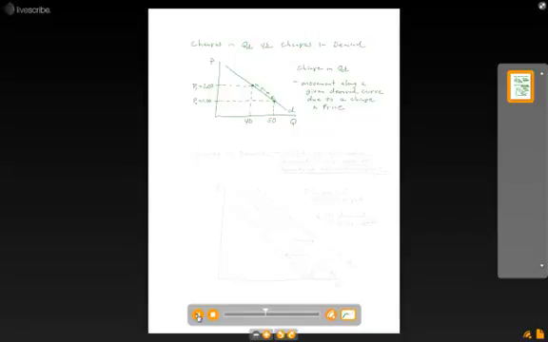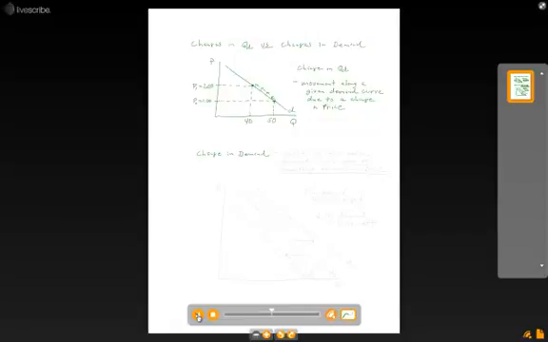Because you notice the only thing that changed in this example was the price of the good. Now, we have to talk about the difference between that and what we call a change in demand.